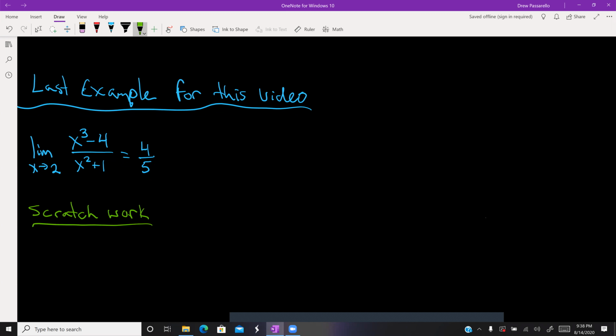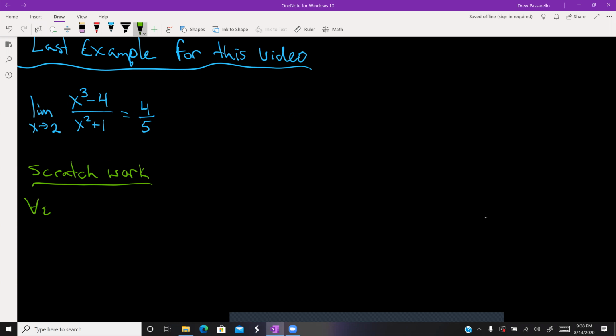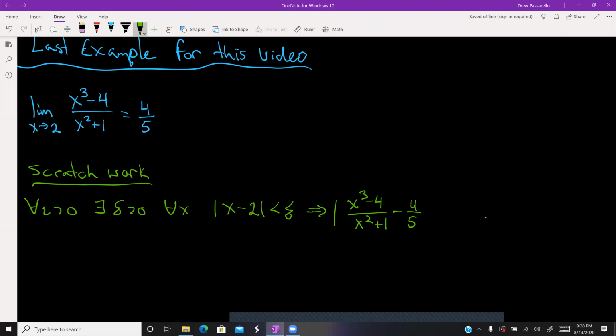Okay, so we need to show for all epsilon, there exists a delta such that for all x, where we have the absolute value of x minus 2 less than delta, this implies our f of x minus L, where f of x is x cubed minus 4 over x squared plus 1, and then minus 4/5, we need that to be less than epsilon.